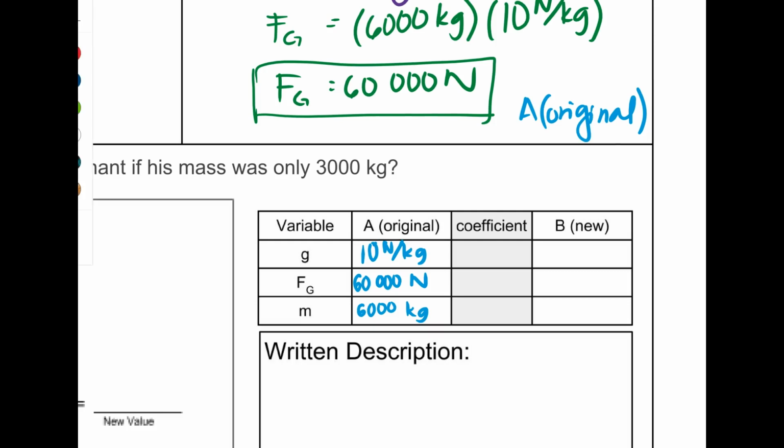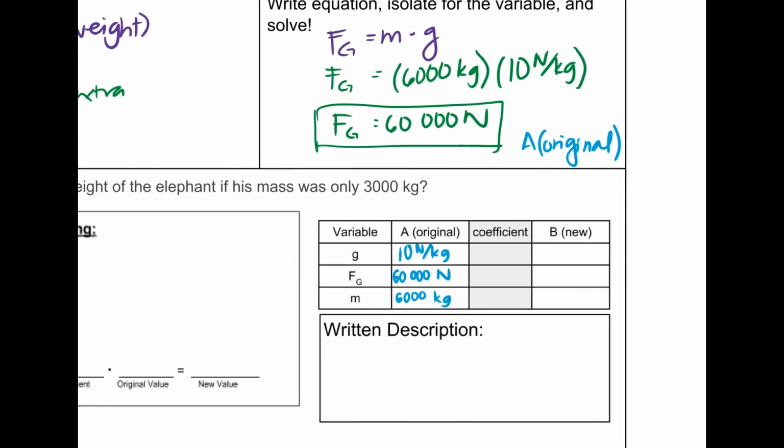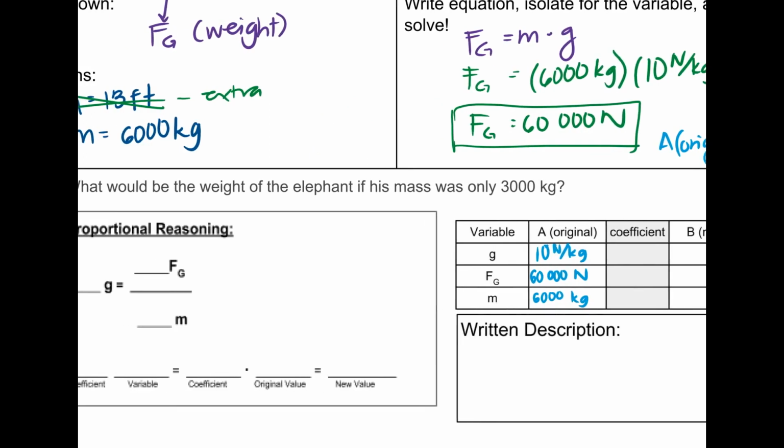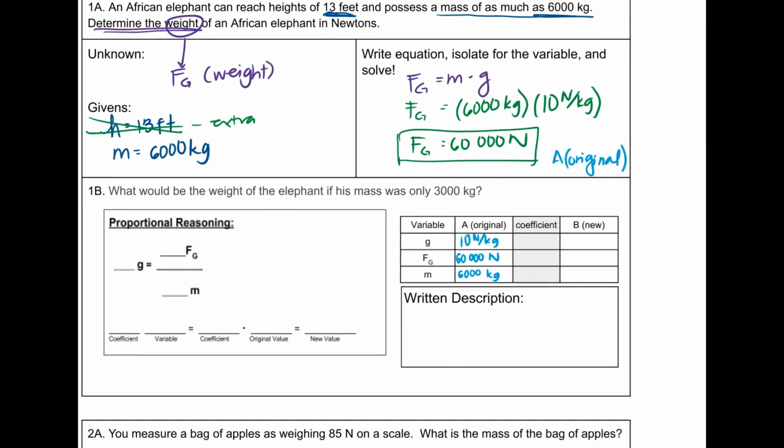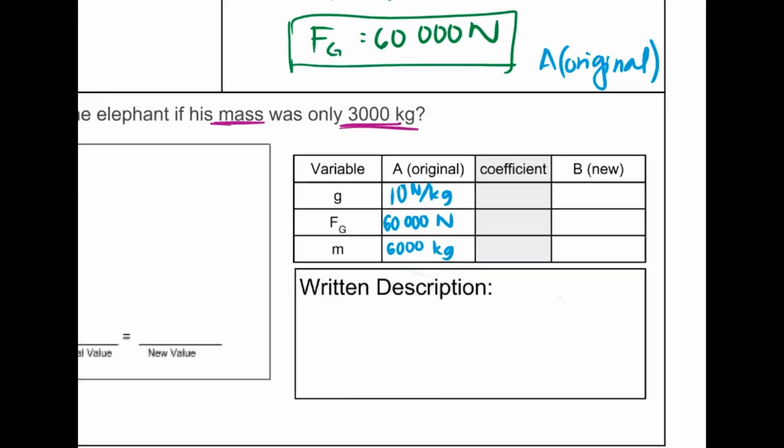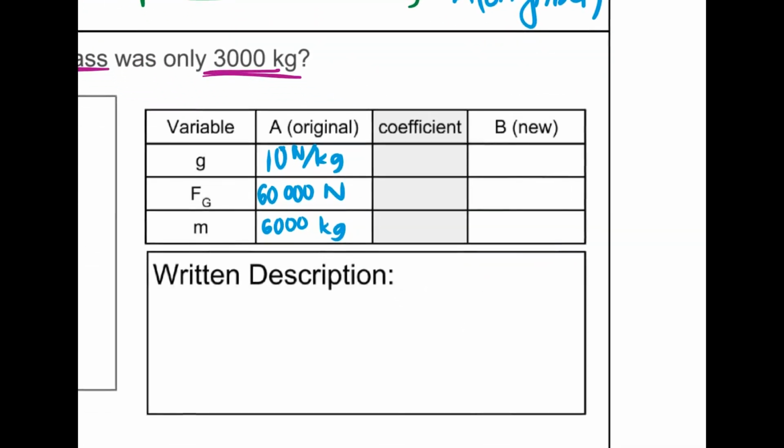Let's change the color. To get the new numbers, let's read what it says in the description. What would the weight of the elephant be if his mass was only 3,000 kilograms? So his mass now is 3,000 kilograms. And we're trying to figure out the weight, so we don't know what this is just yet.